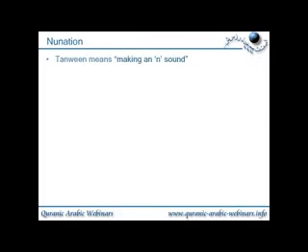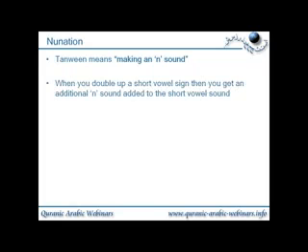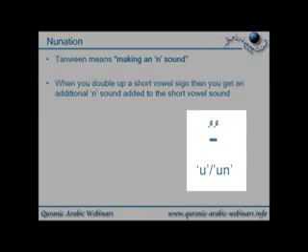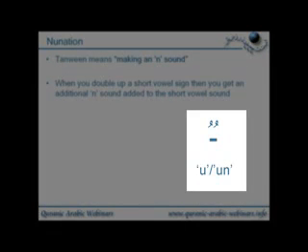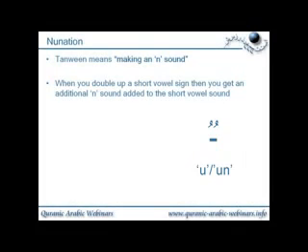Nunation itself, again, tanween means making an N sound. When you double up a short vowel sign, as we've just seen, then you get an additional N sound added to the short vowel sound. So what do we mean by that? If we have two dhammas, instead of just the simple U sound we get with a single dhamma, we get an Un sound. So simply adding the N to the U sound.